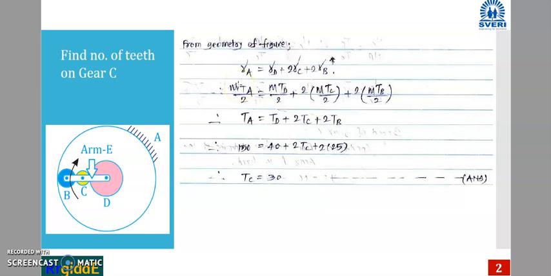This m by 2 gets cancelled from the left hand side as well as the right hand side. So from this we get TA is equal to TD plus 2 times TC plus 2 times TB.